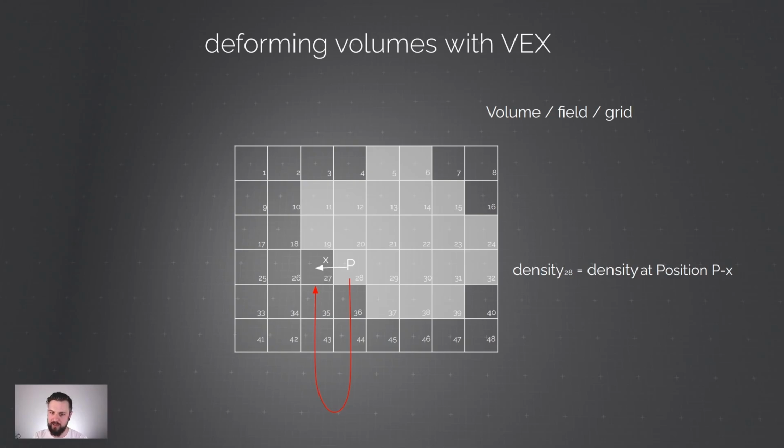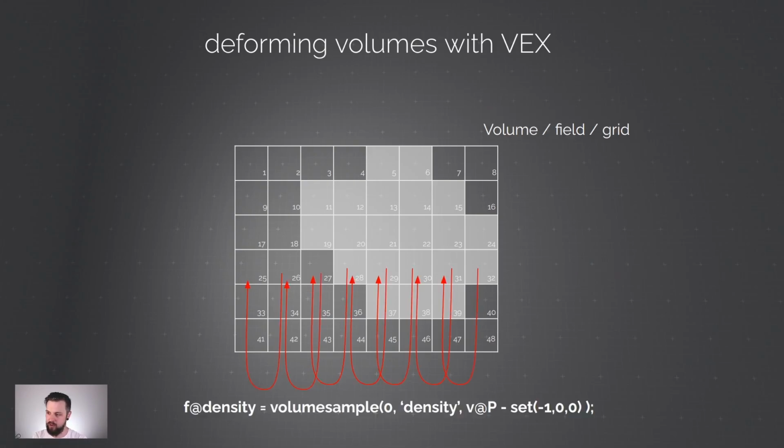So the logic is the density of voxel 28 in the next step will be the density at the current position minus some kind of distance, let's call it x. And this is a bit confusing for beginners, but this is basically the logic. If you do that for every voxel, then it seems like you move the volume in space, but all you do really is you're reading out the content of a neighbor voxel and replacing the current voxel with that value.